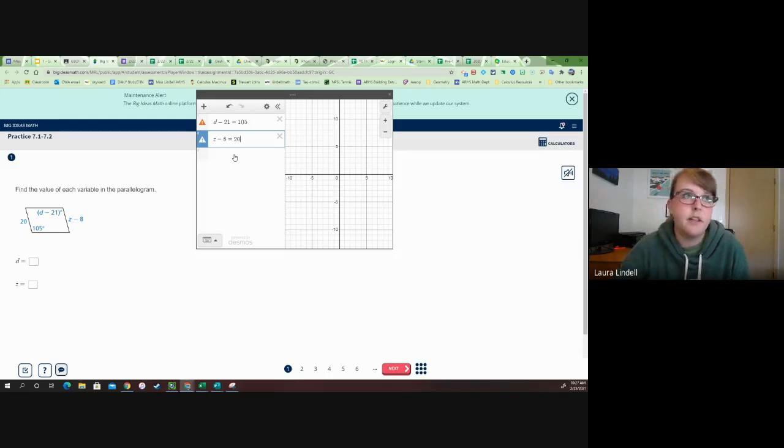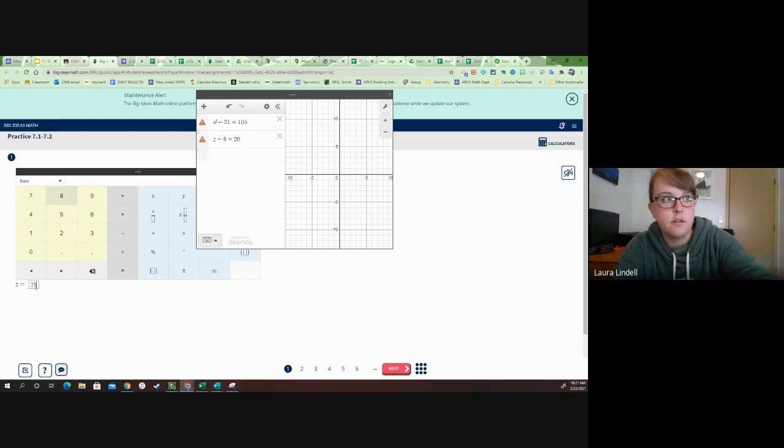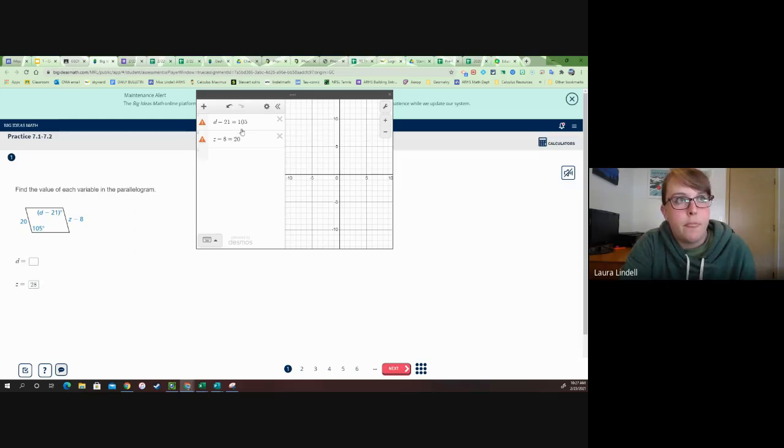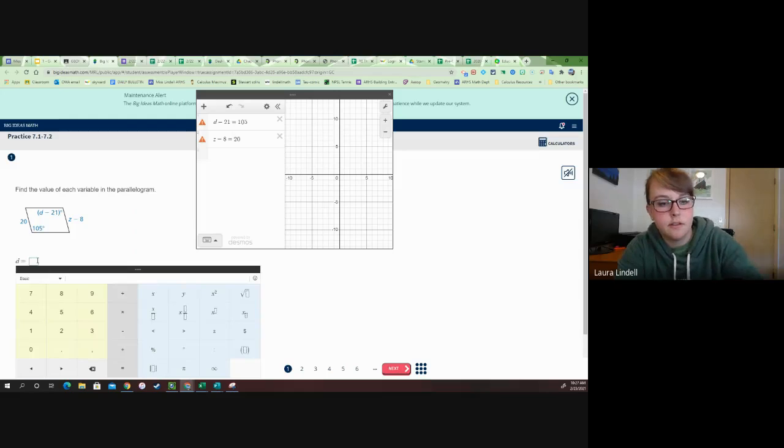So then to find z, you're just adding 8 to both sides to get z equals 28. And then for d, you're adding 21 to both sides to get d equals 126.